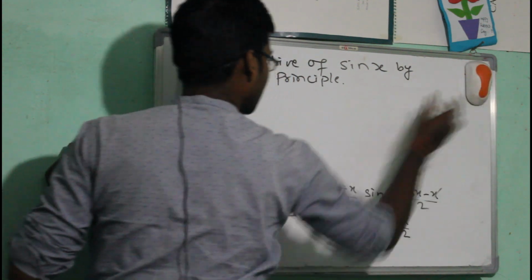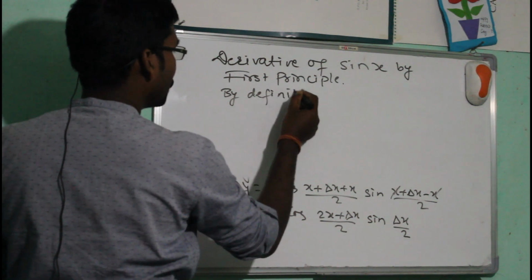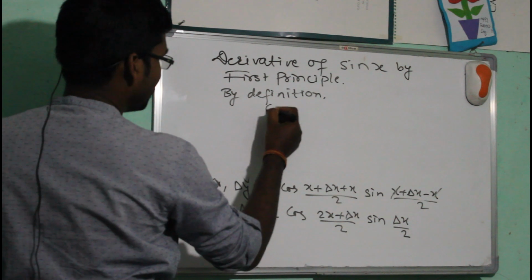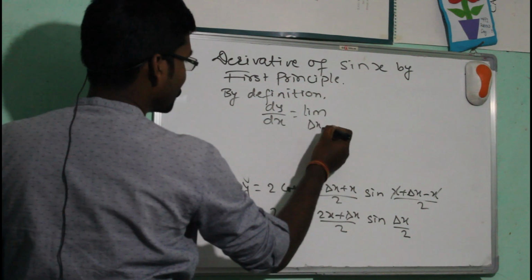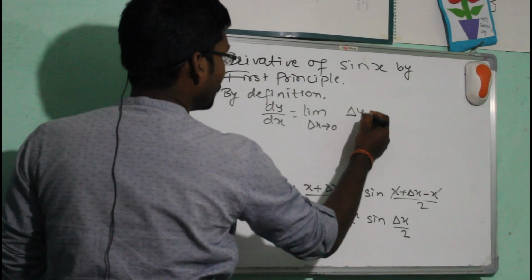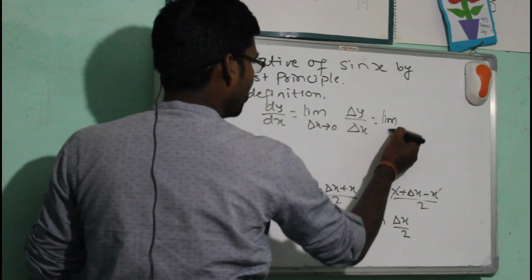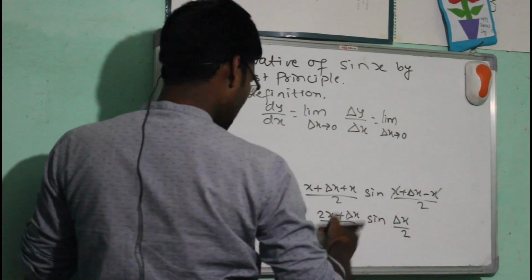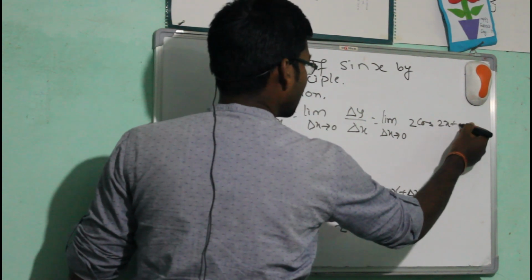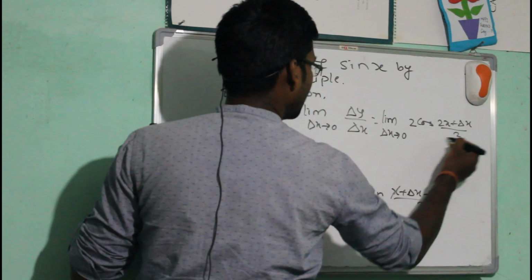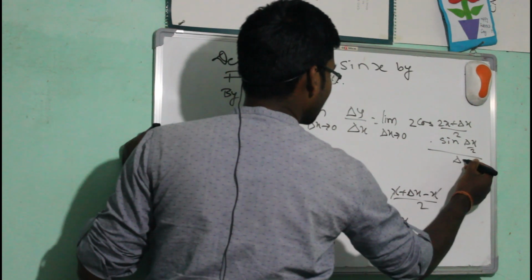By definition we can write dy by dx equals limit delta x tends to 0 of delta y by delta x, and if we substitute the value of delta y, we'll get limit delta x tends to 0 of 2 cos((2x plus delta x) by 2) into sin(delta x by 2), divided by delta x.